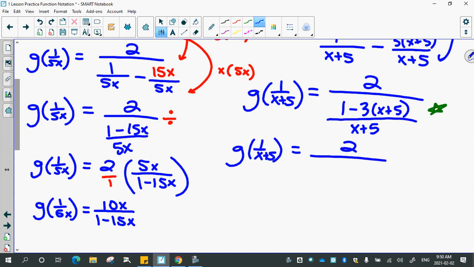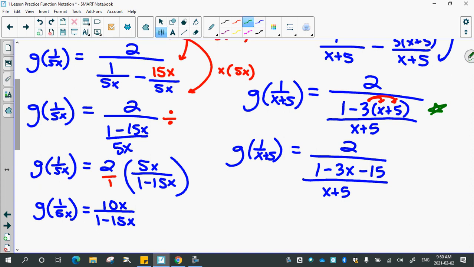So now, if you follow BEDMAS, you're going to multiply next. You're going to keep the 1, multiply negative 3 by x and get negative 3x, and multiply negative 3 by positive 5 and get negative 15. And that's still out of x plus 5.